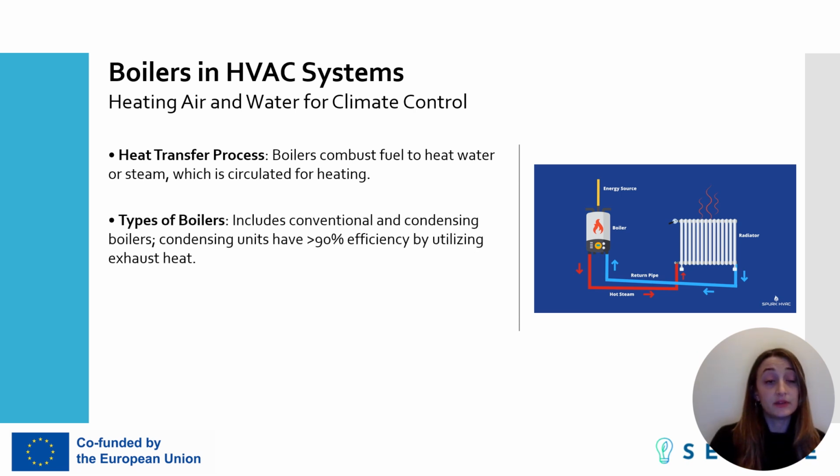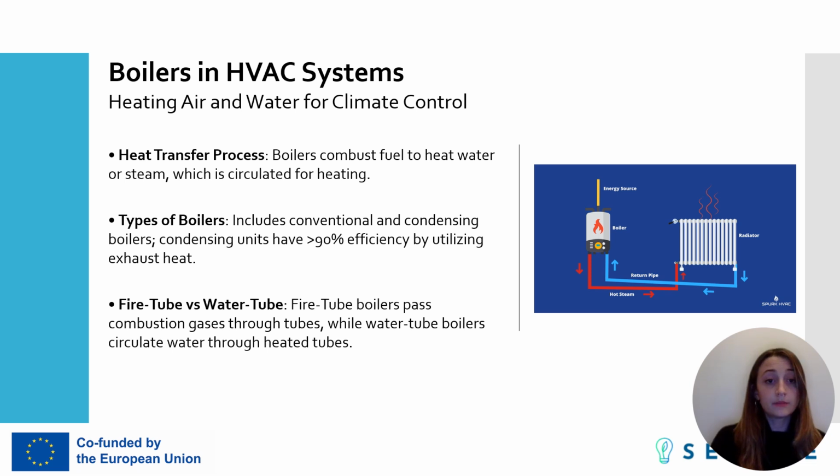We have different types of boilers. We have conventional open boilers, and condensing boilers, which have a condensing unit that can save energy, improving efficiency up to 90% by utilizing exhaust heat.